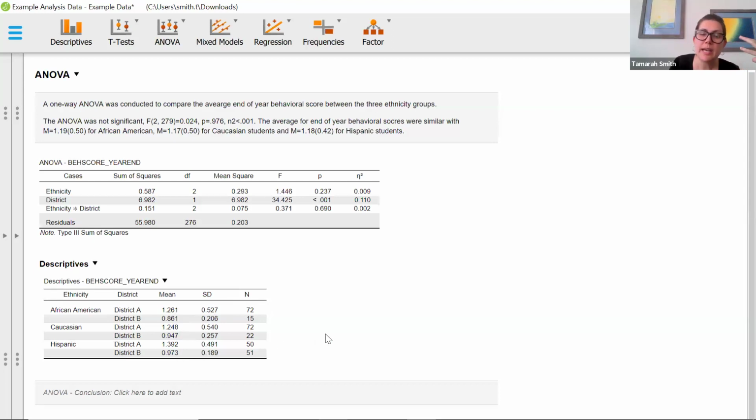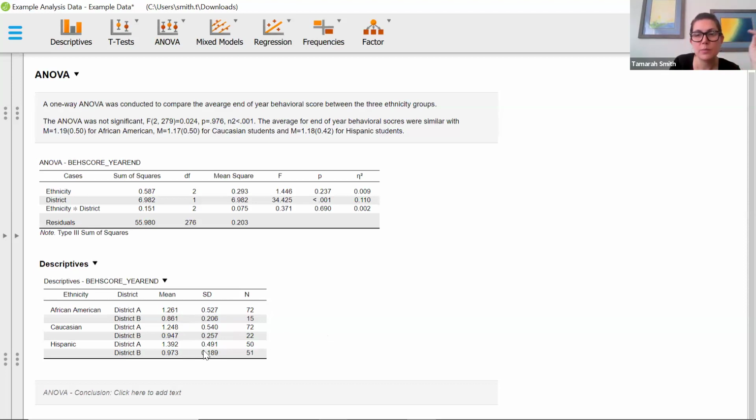But if you look at the actual ethnicities, they're still all pretty similar, right? For District A, 1.26, 1.24, and 1.39, which feels like it could be a potential anomaly, but according to this, it's saying that it's pretty steady. District B, same thing, 0.86, 0.94, 0.97.